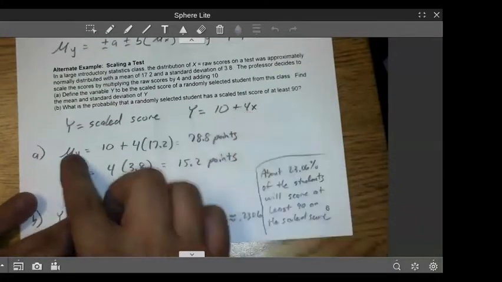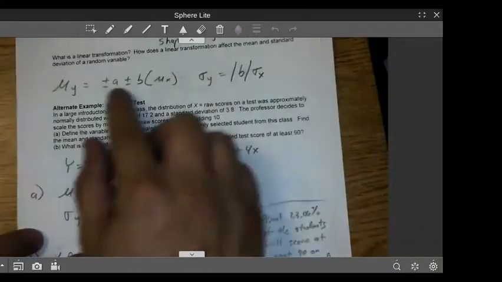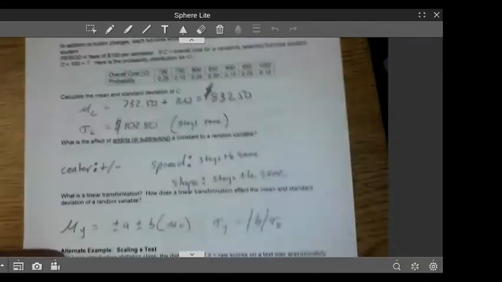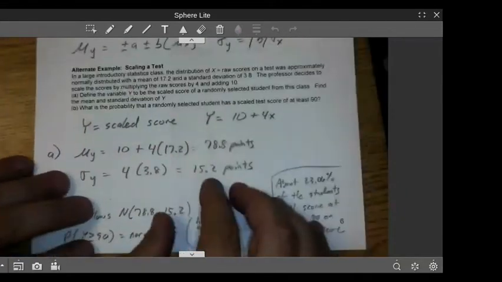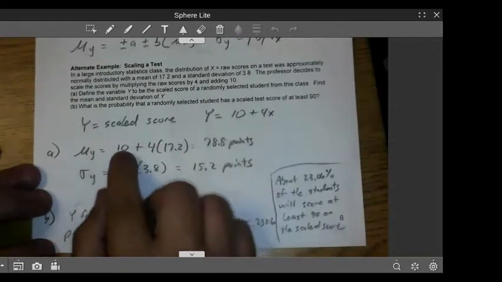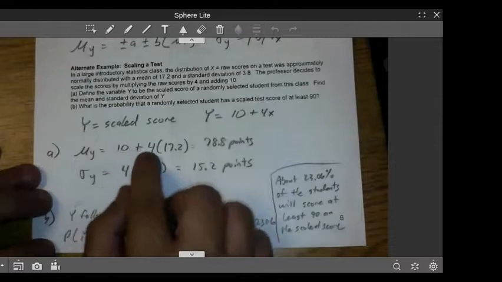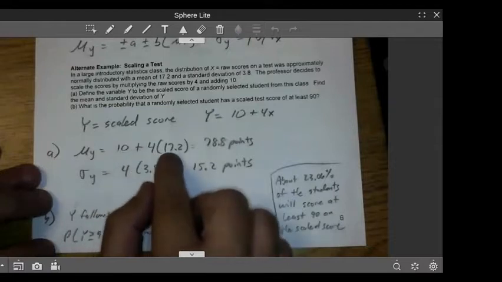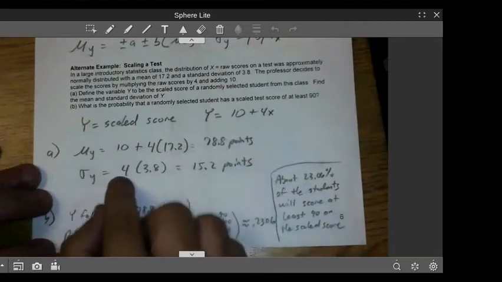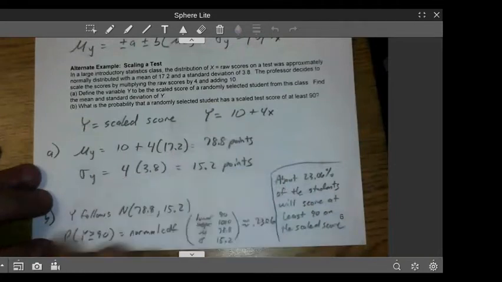All right, so mu of y, and again, this is trying to force this into this equation instead of just doing what we did with the El Dorado Community College problem. But here, for the mu, the adding of 10 and the multiplying of 4 from the raw score changes to the scale score. The standard deviation does not have the plus 10, just the times 4.